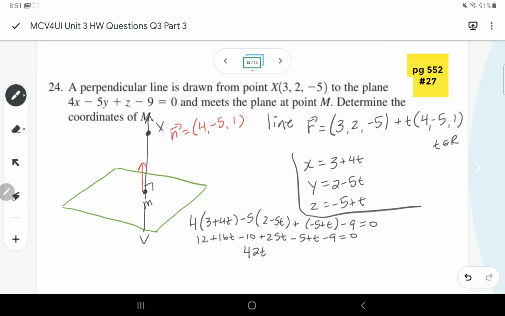And then 12 minus 10 is 2, minus 5 is negative 3, and minus 9 is negative 12, equals 0. So t is 12 over 42, or we can divide out a 6, 2/7. So then we'll just take this 2/7 and sub it into those expressions.